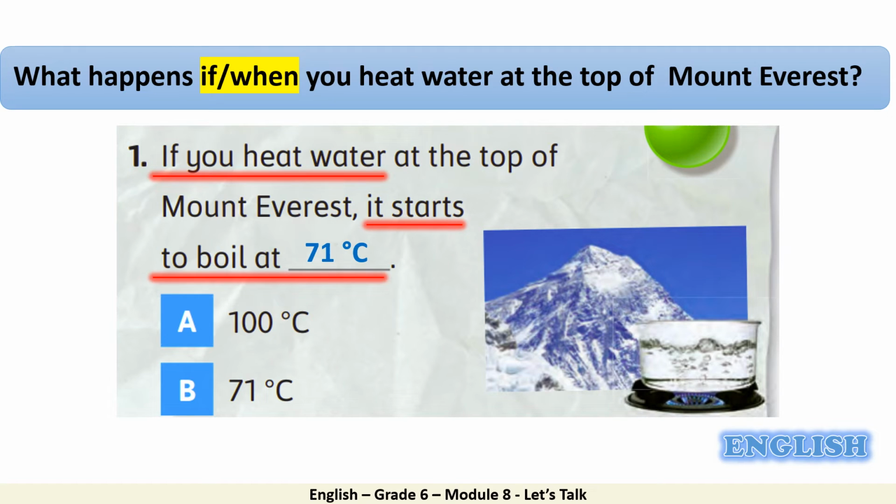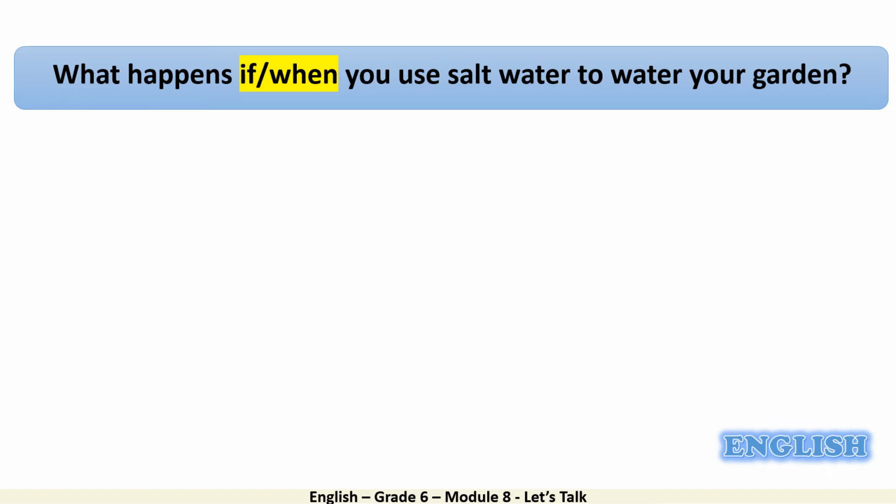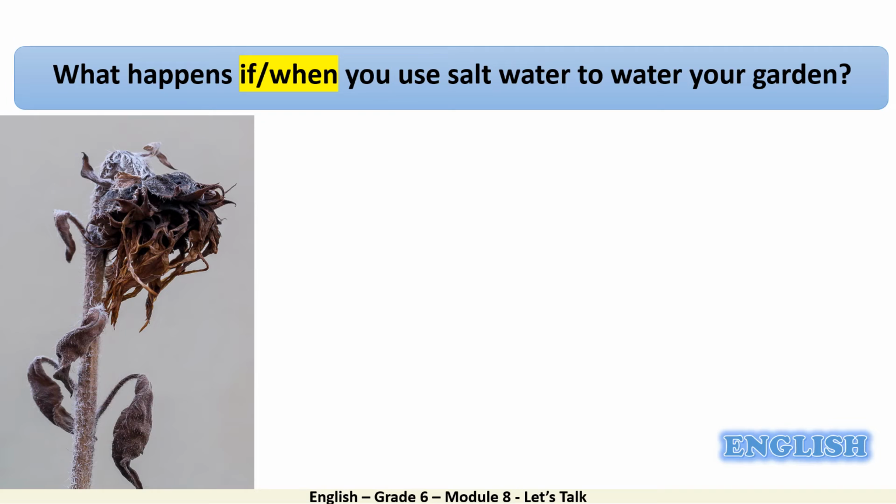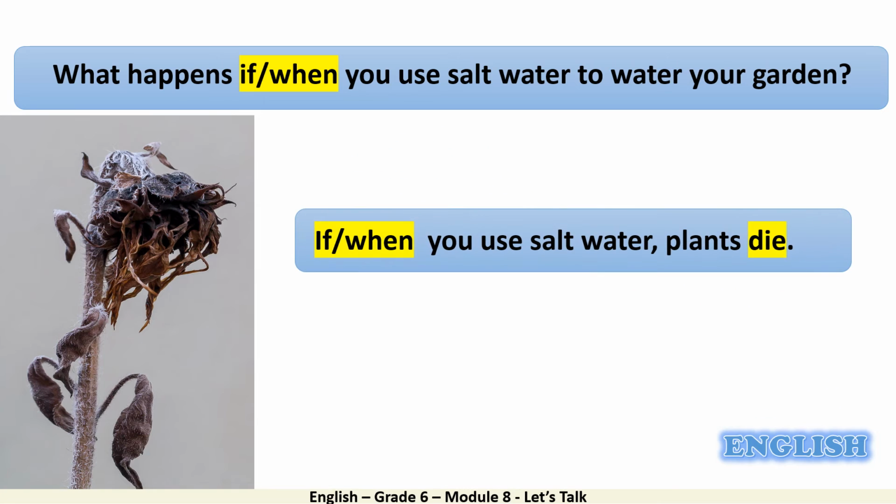Look at the second question also. What happens if or when you use salt water to water your garden? Very good. Look here, we have a plant which is dying. So, if or when you use salt water, plants die.